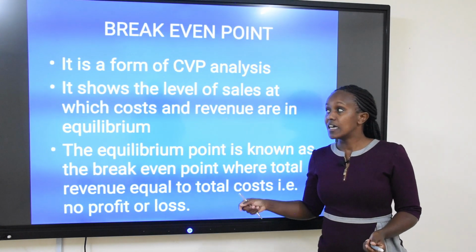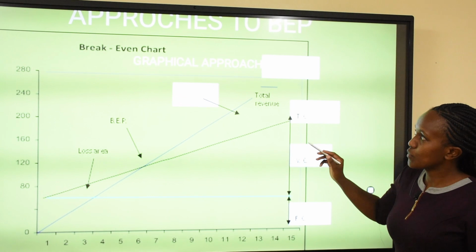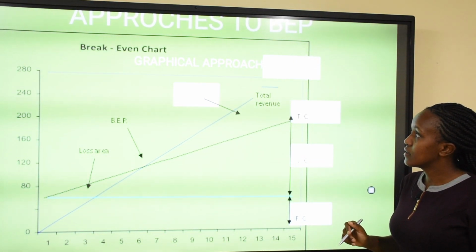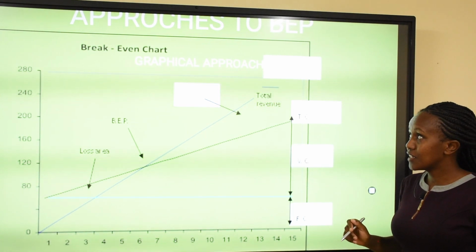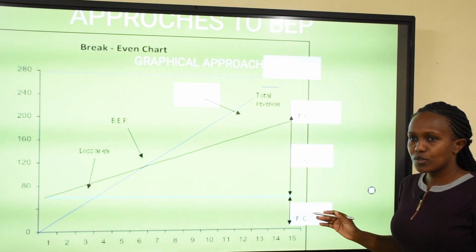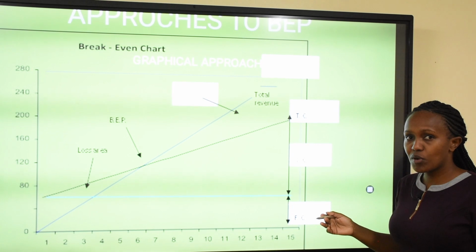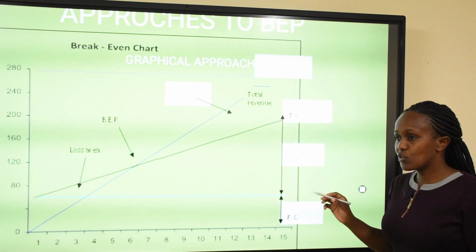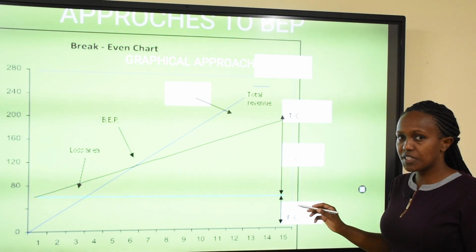There's no profit. So we are saying that one approach of BEP analysis is a graphical approach. As we have said, break-even point is a point of activity where total cost is equal to total revenue.